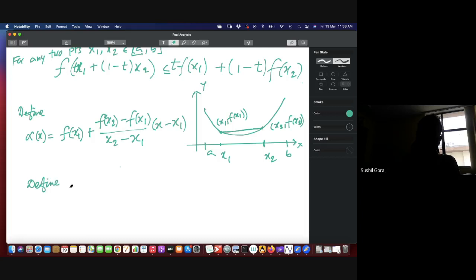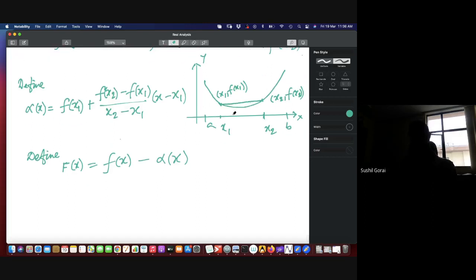Define capital F x to be small f x minus alpha x. The difference between these two.